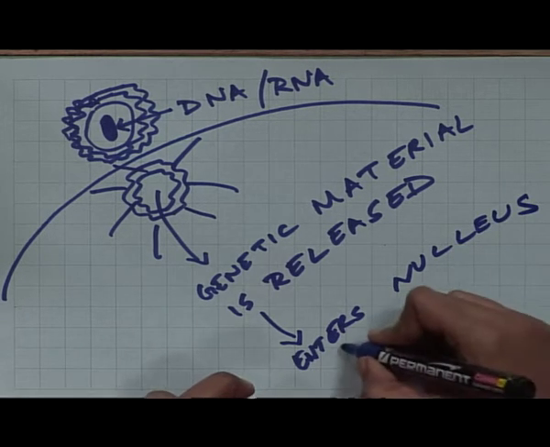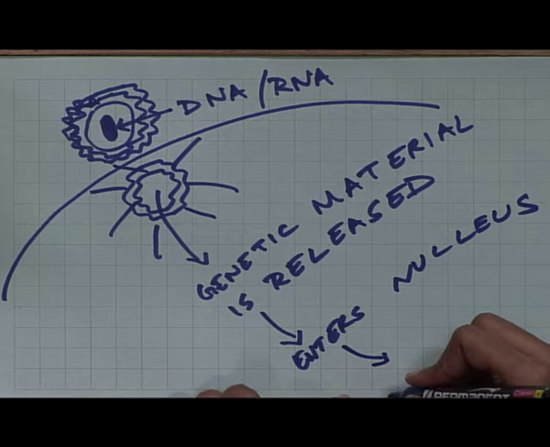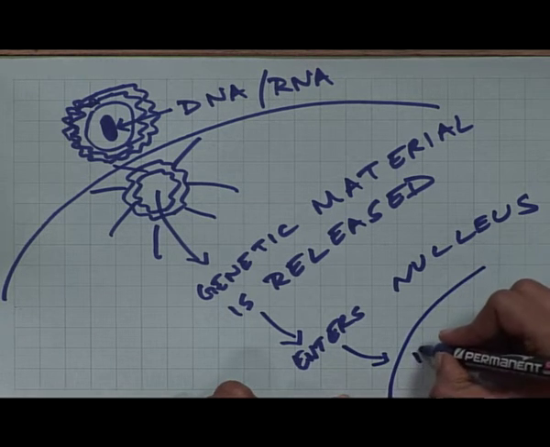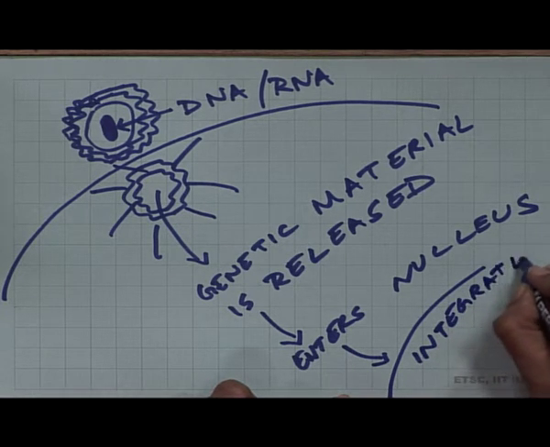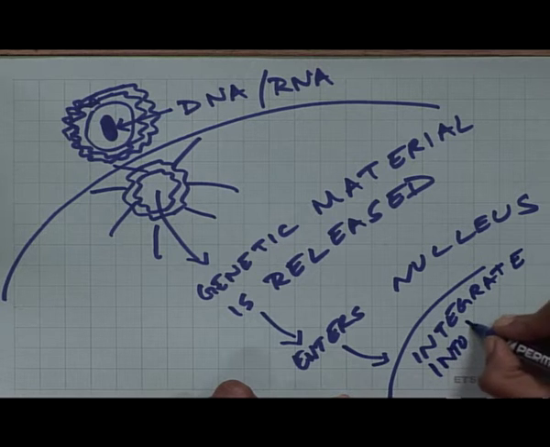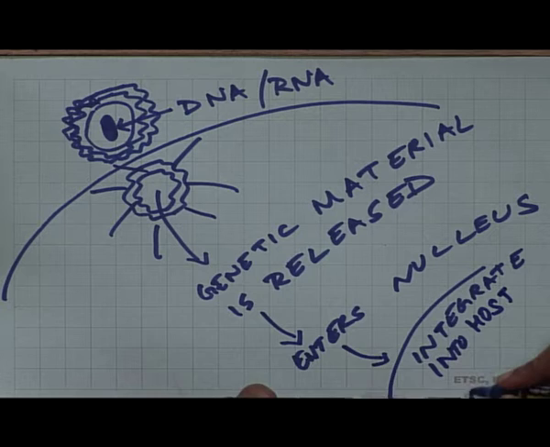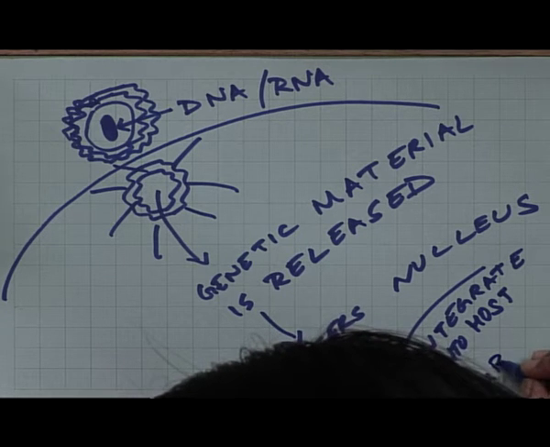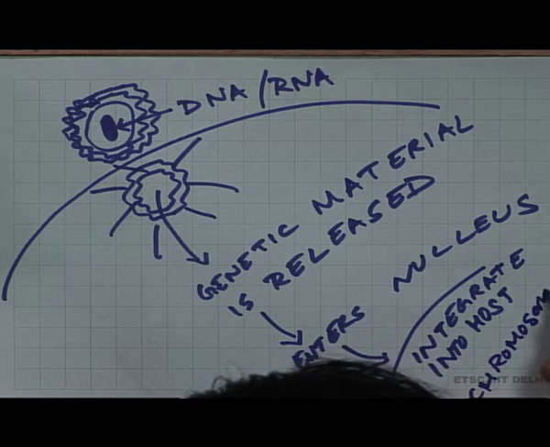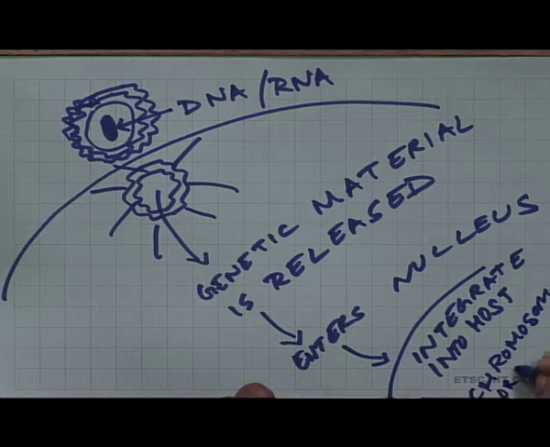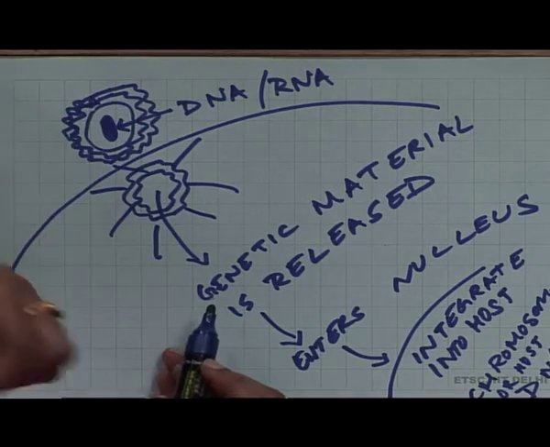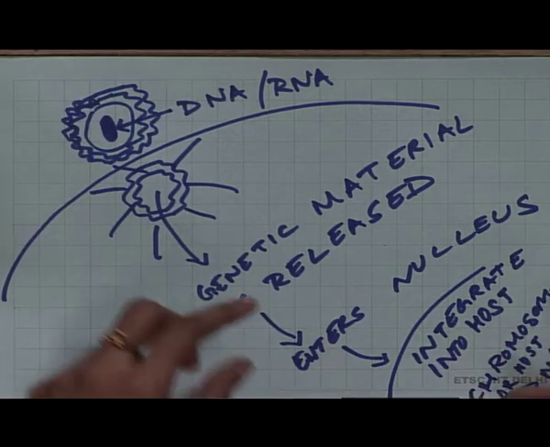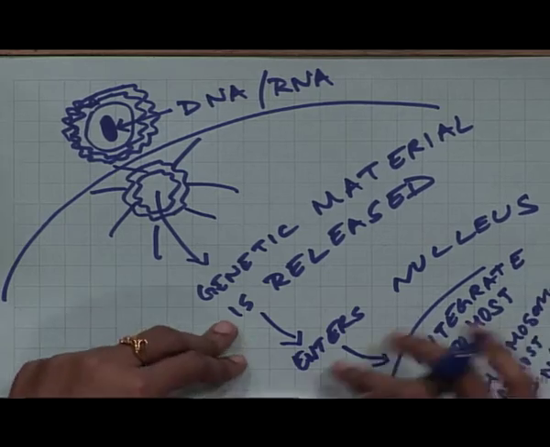So if it is DNA, it could directly be integrated into host chromosomes or host DNA. If it is RNA, then it has to be reverse transcribed to produce DNA, and then that can be integrated into the host DNA.